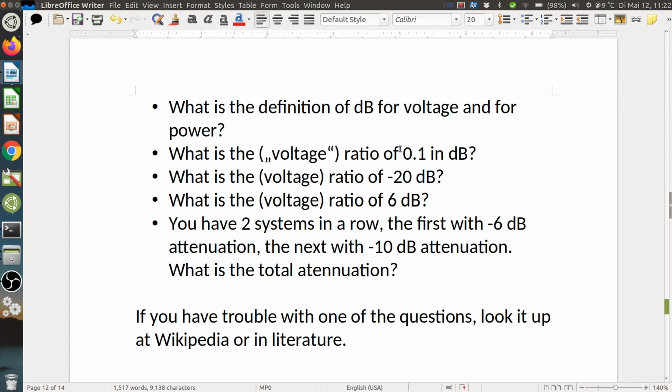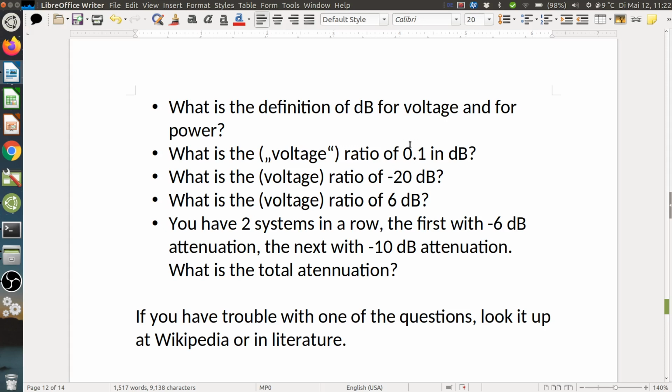So what's 0.1 in dB? Well, first you apply the log base 10. Right? What's log base 10 of 0.1? It's -1, right? Because 10 to the -1 is 1/10. And then you multiply it by 20 because it's voltage. So you have -1 times 20 is -20.